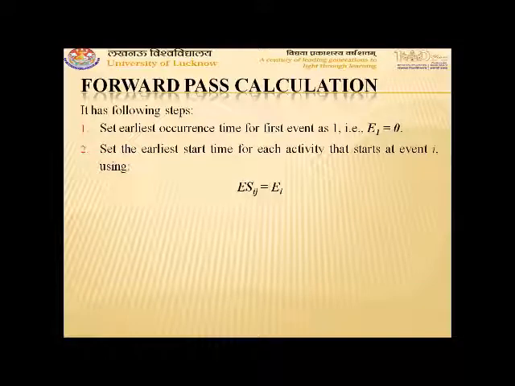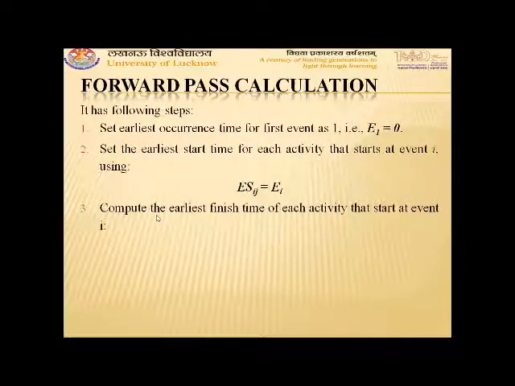That means the earliest start time for activity which starts at event 1 should be 0. That means in previous network diagram we can say that for activity A as well as activity B, the earliest start time will be 0.